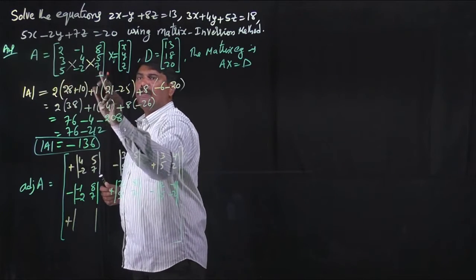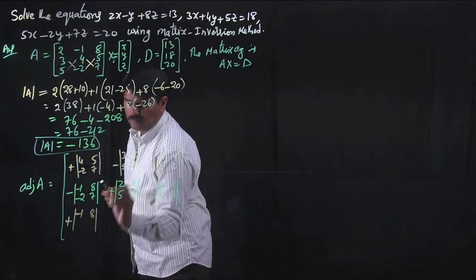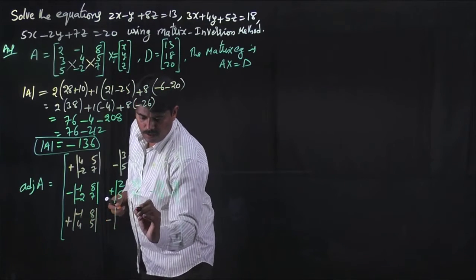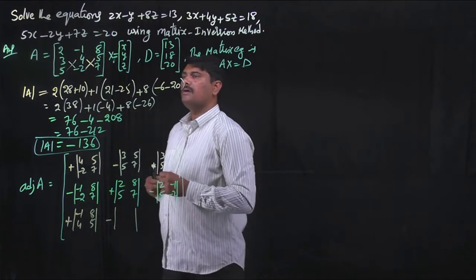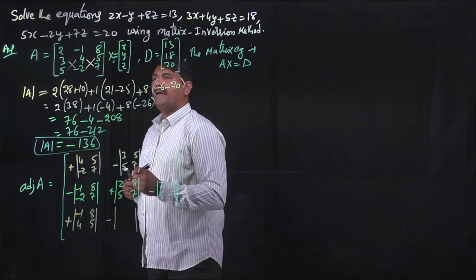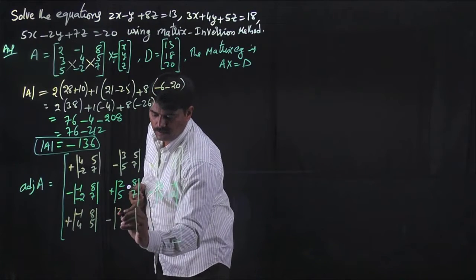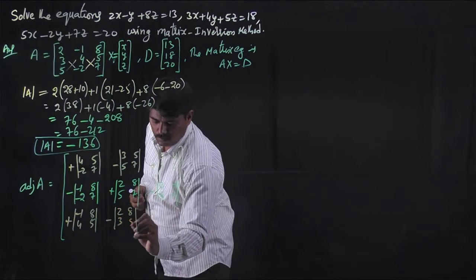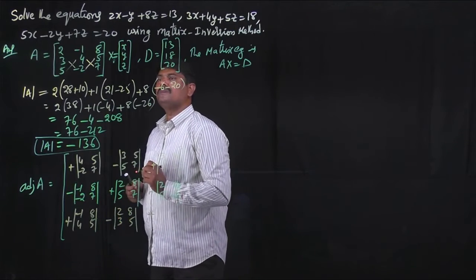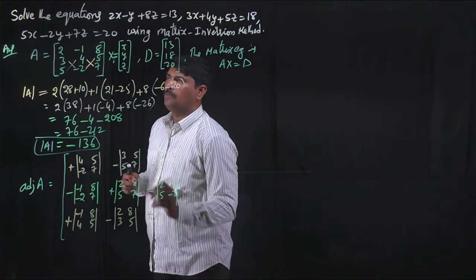Eliminating its row and column, you have minus 1, 8, 4, 5. Later, minus 2 has the negative sign, whose minor is 2, 8, 3, 5. The last element has the positive cofactor sign, whose minor is 2, minus 1, 3, 4.